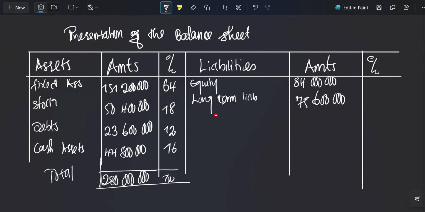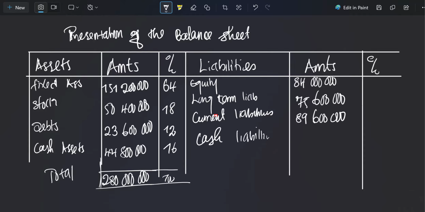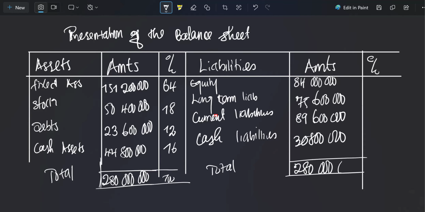We had current liabilities, 89,600,000. And then we had cash liabilities, 30,800,000. So the total should give us 280 million.